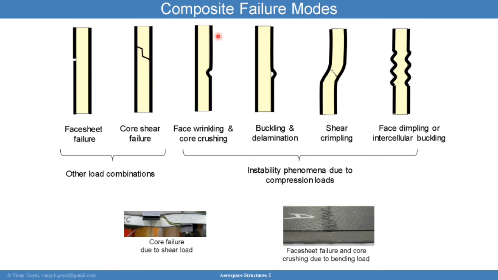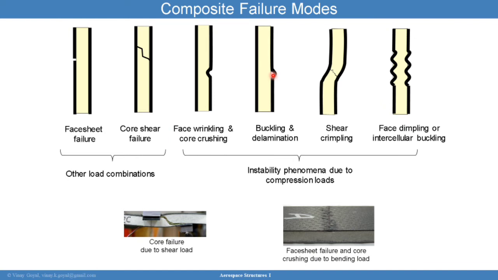You could have face wrinkling and core crushing, which I'll go through later. And then you can have a delamination between the core and face sheet, and under compression loads, this face sheet will pop like a blister. That's a delamination event that needs to be considered in the design.